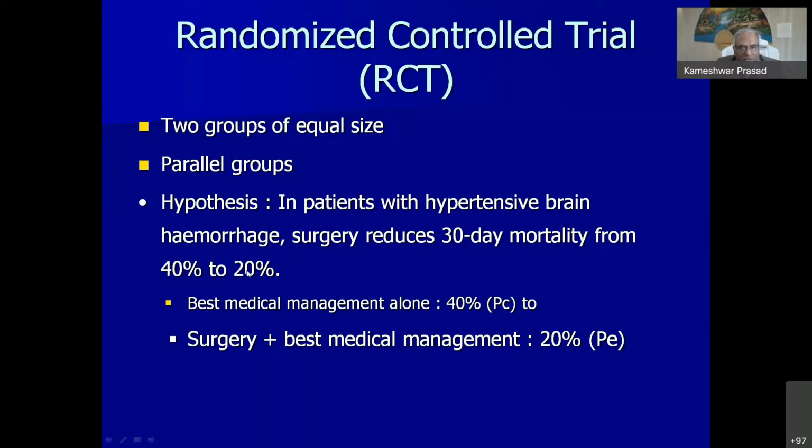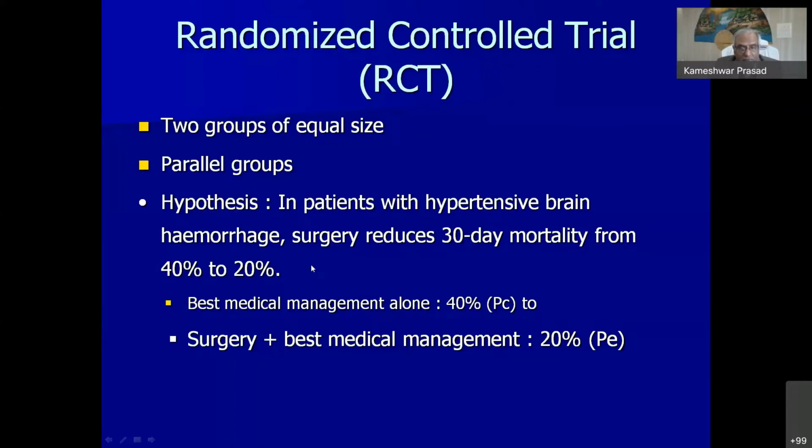Then you are thinking that if surgery reduces this by 20%, meaning 40% becomes 20%, then only it will be justified and useful, and acceptable for both the patients as well as surgeons. That 20% is what we call the possible benefit, the plausible effect. So the plausible effect is 40 to 20%.